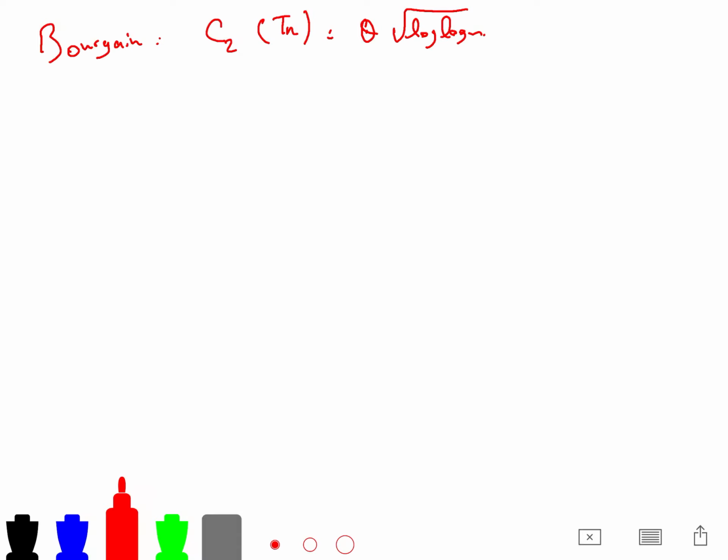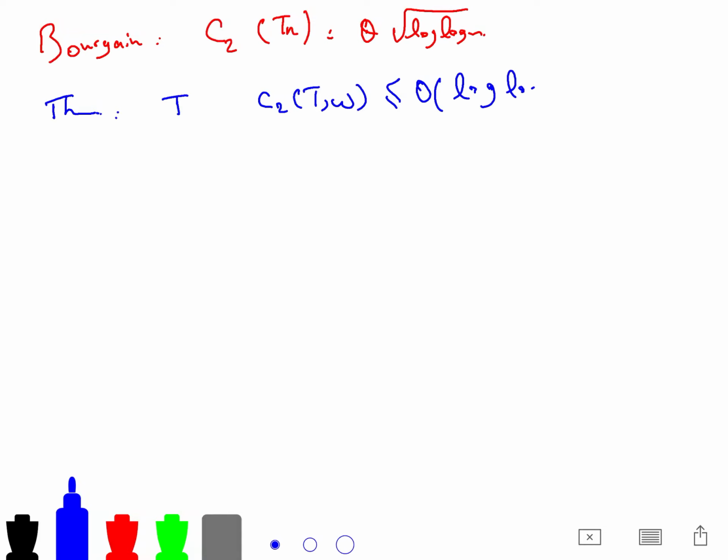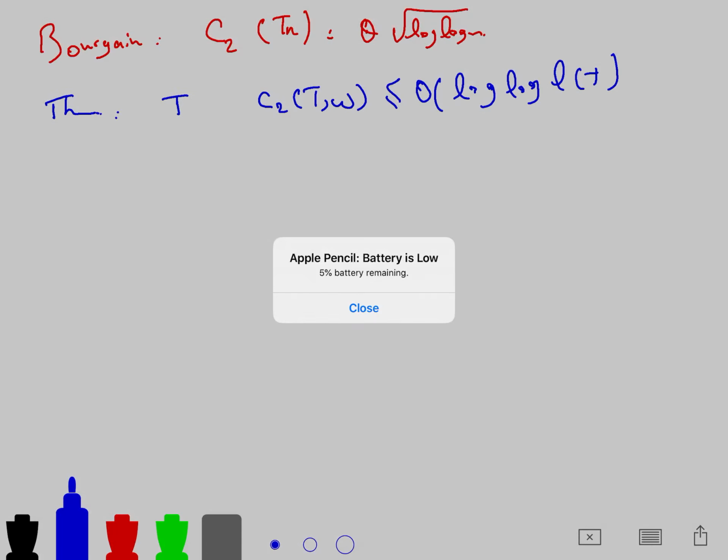The theorem that we want to prove is that if T is a tree and omega is a positive function on its edges, then C2 of T with omega is at most order of log of the number of leaves L of T. I explain two embeddings in this paper.